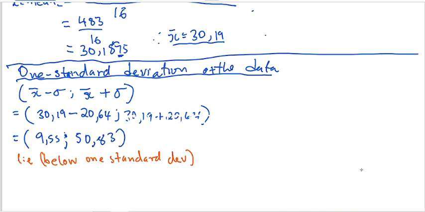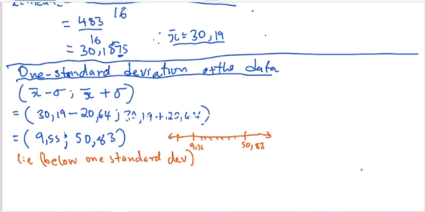So below, we'll check from this interval, because these numbers can be represented on the number line. If this is the lower limit, we can have it here as 9,55, and the upper limit as 50,83, but there are still numbers going on both sides and numbers in between.